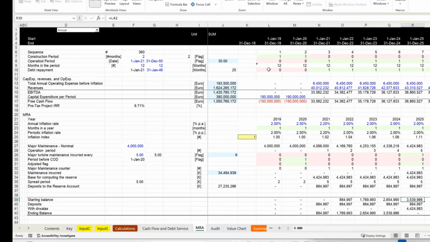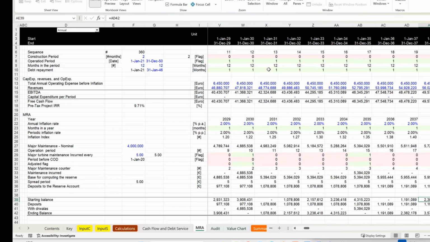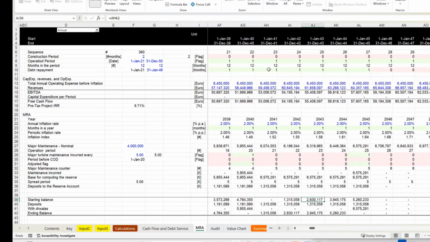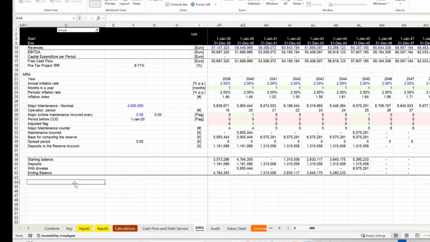Okay, good. And here's what I do on these. I use a lookup. We want to make sure that the ending balance by the end of the debt life is 0. So could you go just underneath line 43 and put the MRE test check.